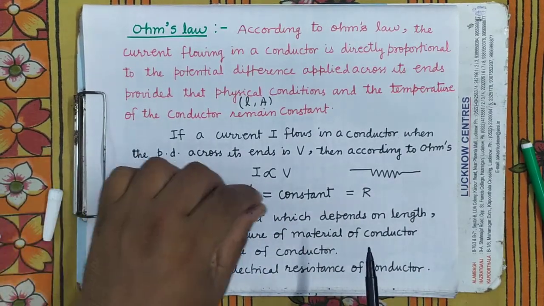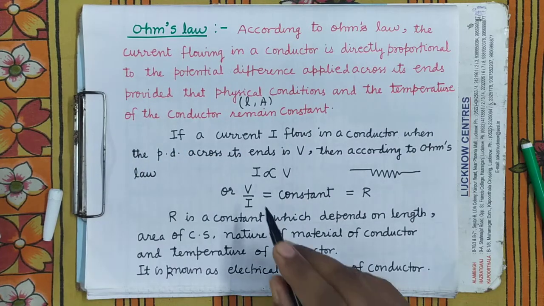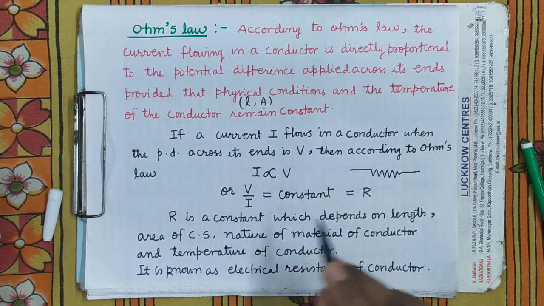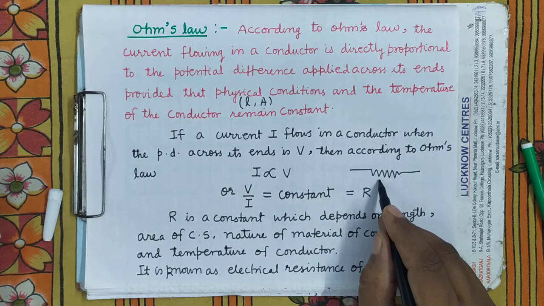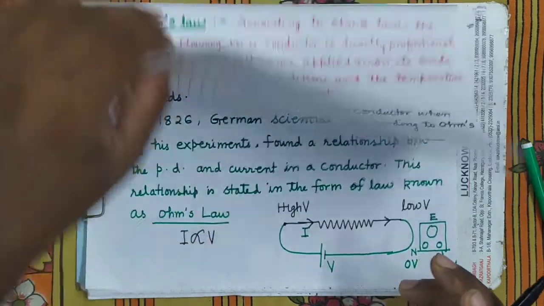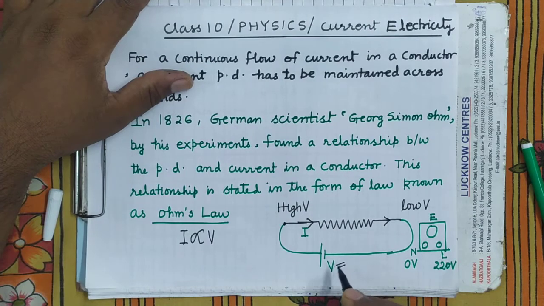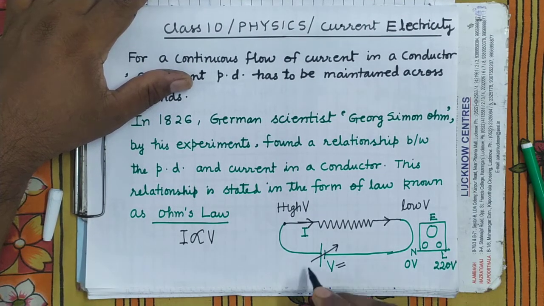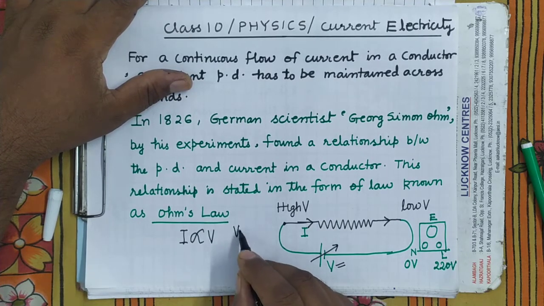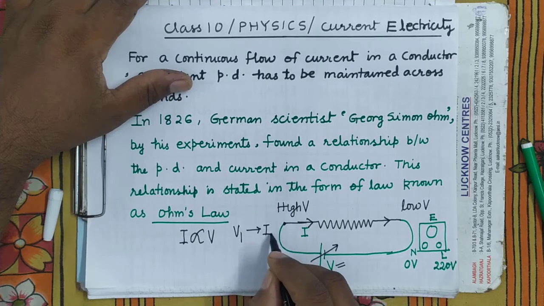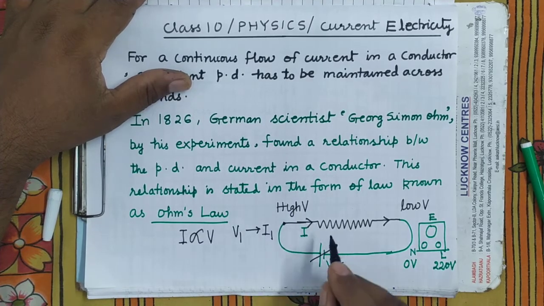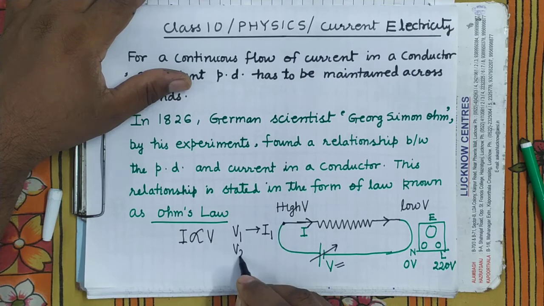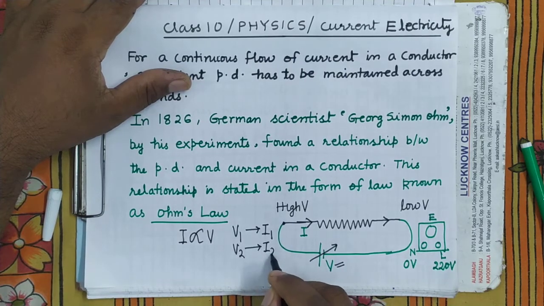Means V upon I is constant for different values of V and I. You can see here, this is a source whose potential difference can be varied, and for different values of V you record the value of I. When the potential difference is V1, current is I1; V2, current is I2; V3, current is I3.